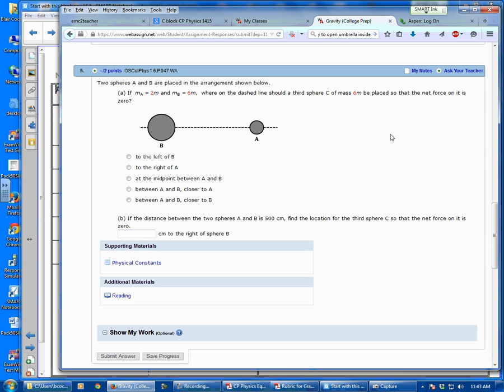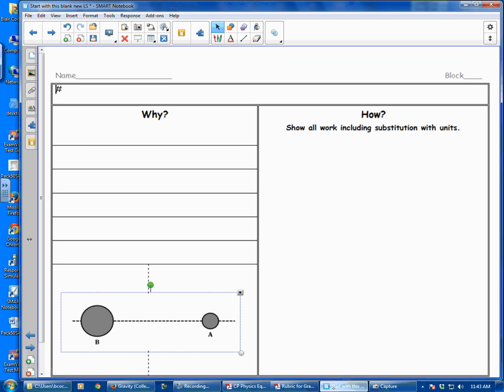If the net force on it is 0, does that mean it has no force on it? No, they just cancel out. You're right. So if we think about it, where are we going to place it so that it has at least 2 forces on it and they cancel out?